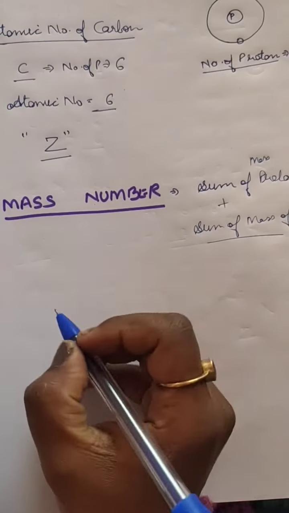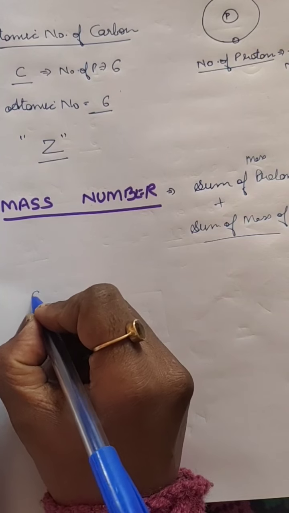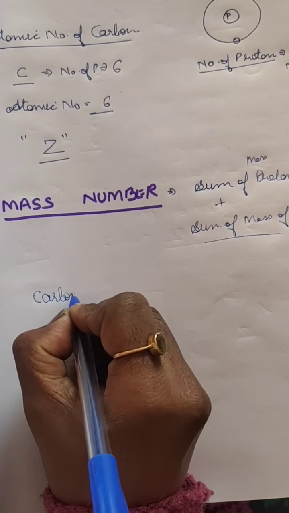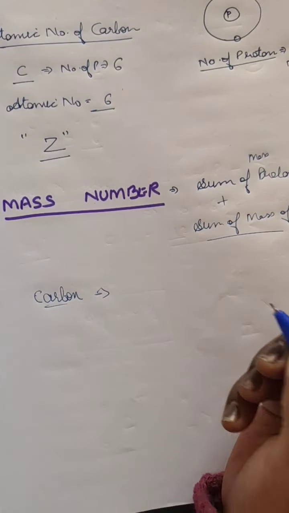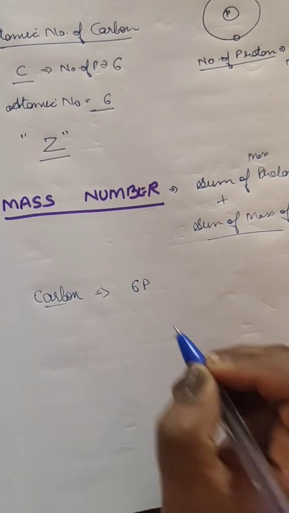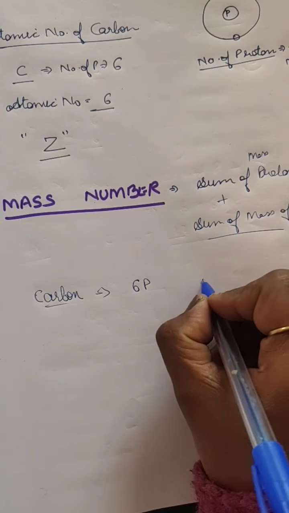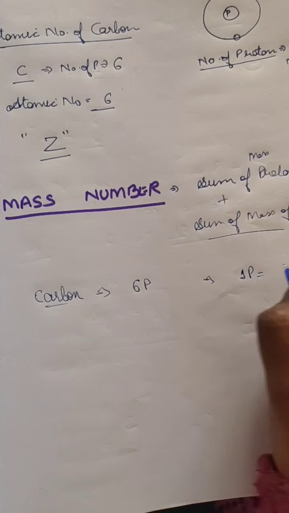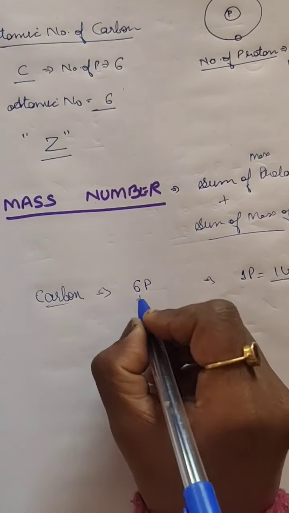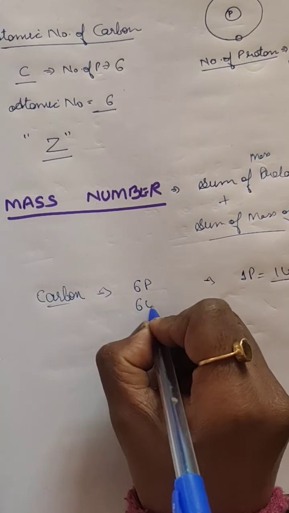So when we say sum, let's take the carbon atom again. Carbon has 6 protons, and the weight of one proton is 1 U. So when it's 6 protons, it will be 6 U.